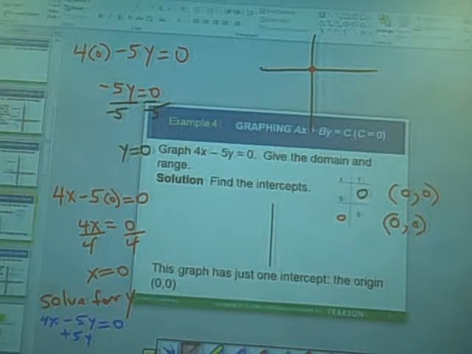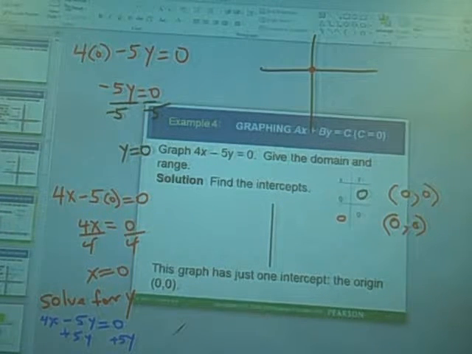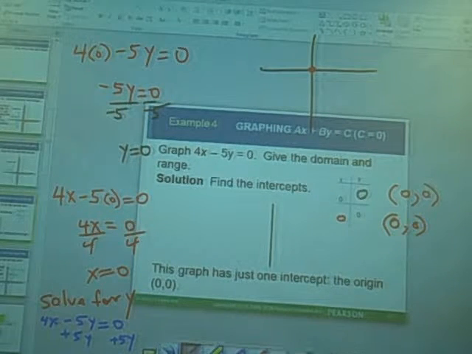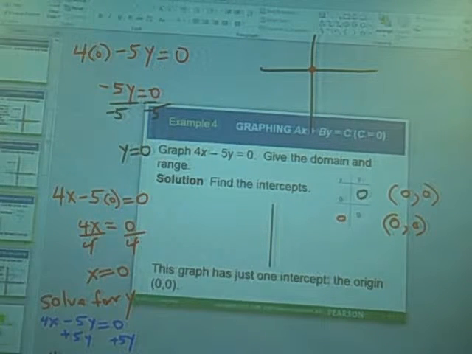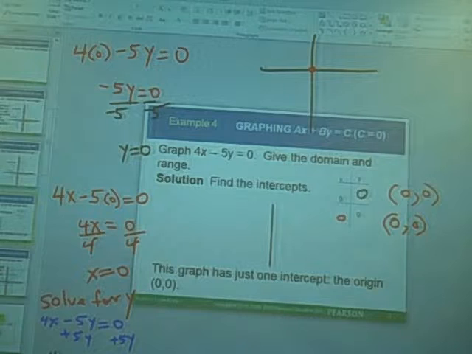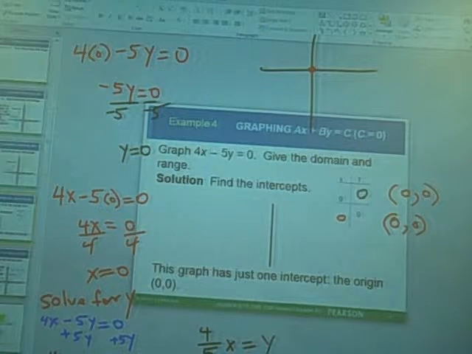And I like to go ahead and add 5y to both sides. And so when we do that, we get 4x equals 5y, and then divide by 5. And so we get 4 over 5 x equals y.